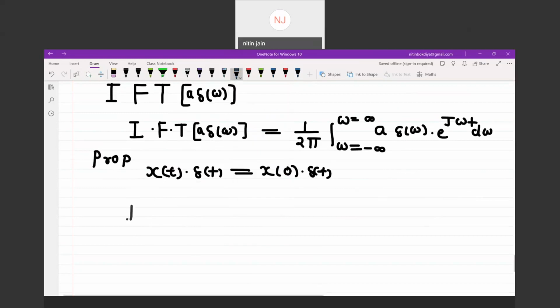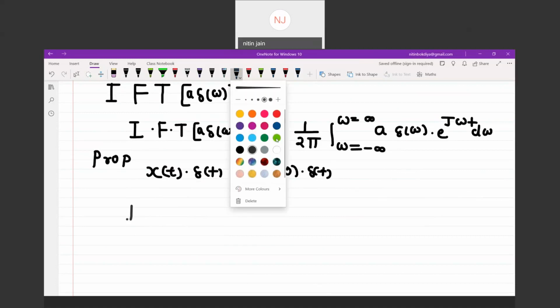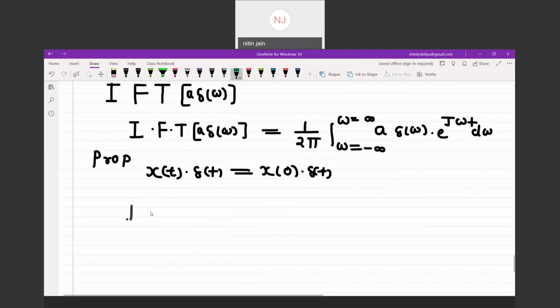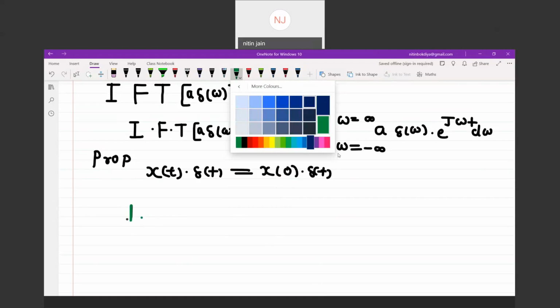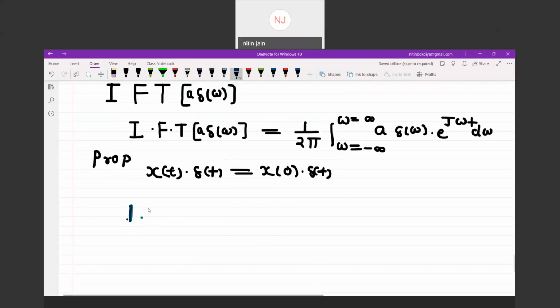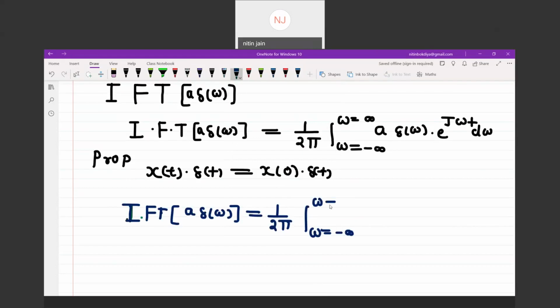I can say that the inverse Fourier transform of a del of omega is equivalent to 1 by 2 pi, integral from omega equal to minus infinity to omega equal to infinity.